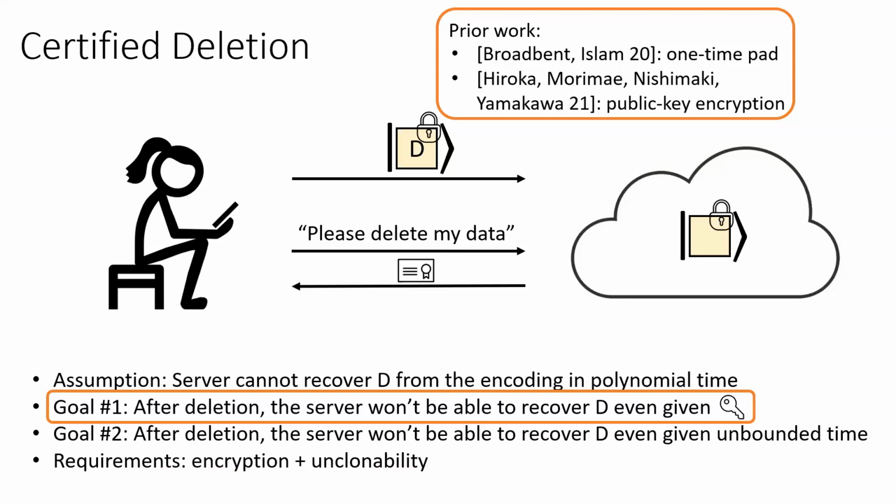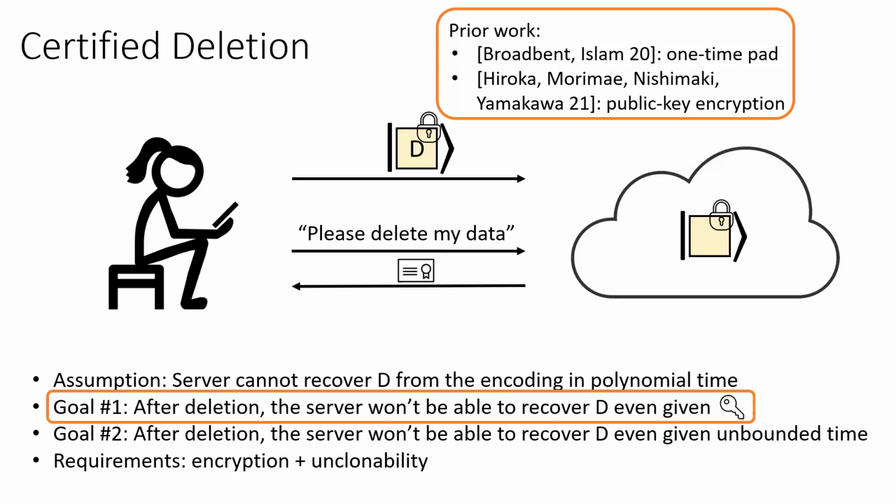Okay. And then there's this really nice follow-up work of Hiroka, Morimae, Nishimaki, and Yamakawa that says, look, can we generalize this to much more general settings? Like, can we even use this to construct public key encryption schemes, reusable secret key encryption schemes, even other stronger forms of encryption, like attribute-based encryption they talk about. But they also go for this first goal, right?